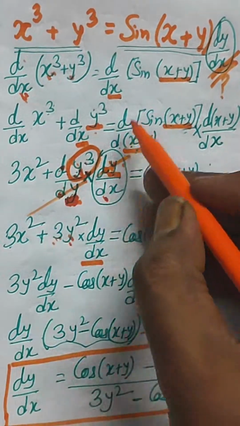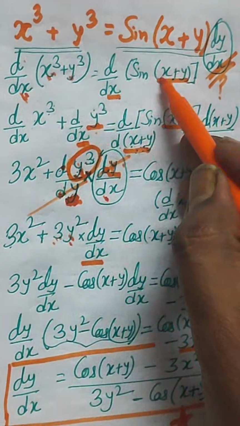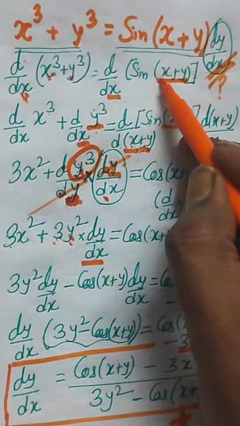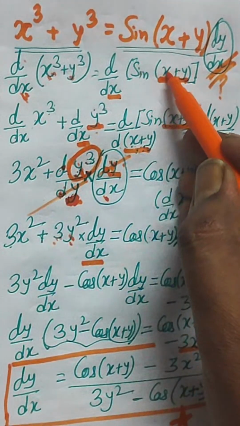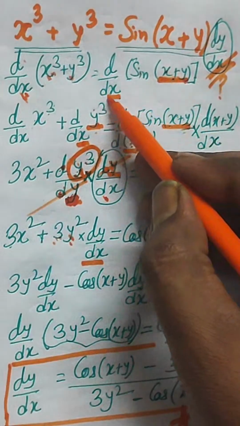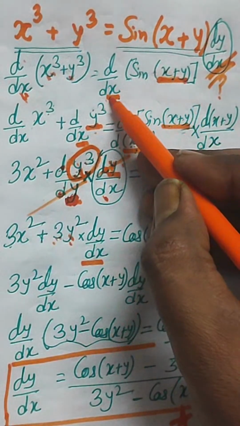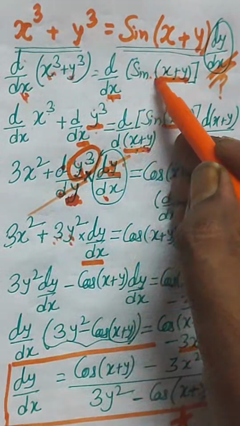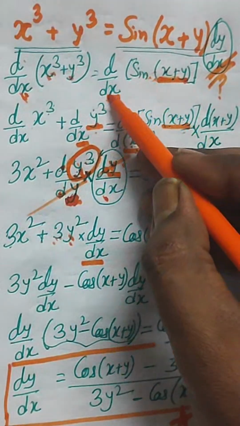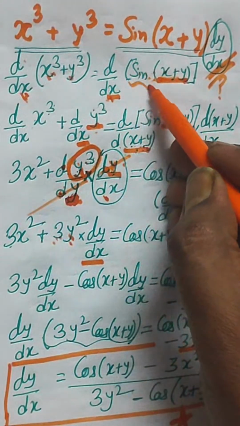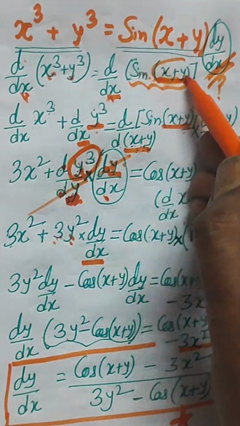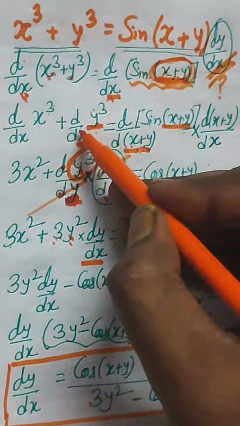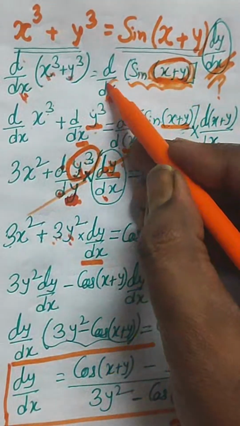Similarly, when you go to the RHS, it's sin(x plus y). If it were sine of x only, then we could easily differentiate with respect to x. But here there is no help. We are not able to differentiate this, because it's x plus y, and x plus y cannot be differentiated with respect to x.